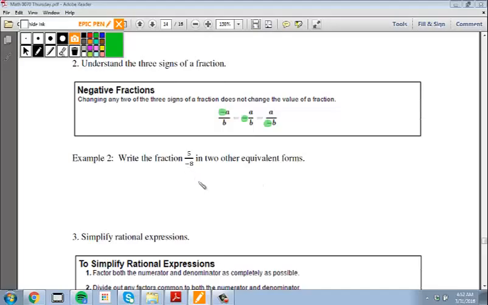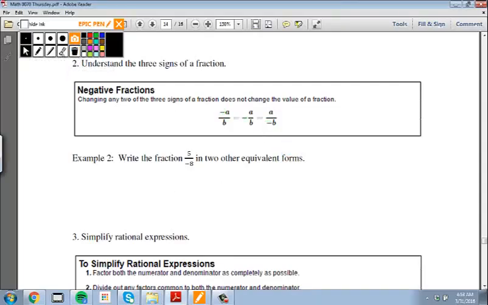If the negative is in the denominator, I can put it in the numerator to get negative 5 over 8, or right next to the fraction bar to get negative 5 over 8. Okay, so that's a pretty simple concept, but sometimes it's hard for people to remember that. If there is just one negative, the whole fraction is negative. It doesn't matter where in the fraction the negative is.